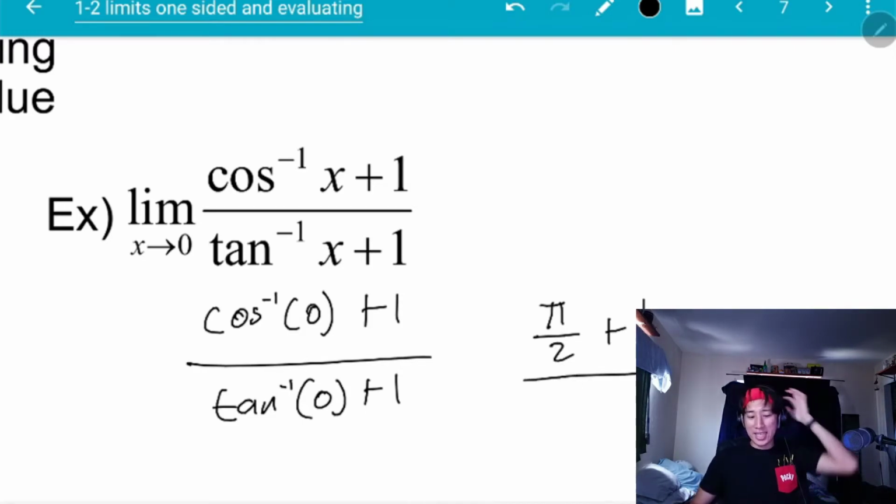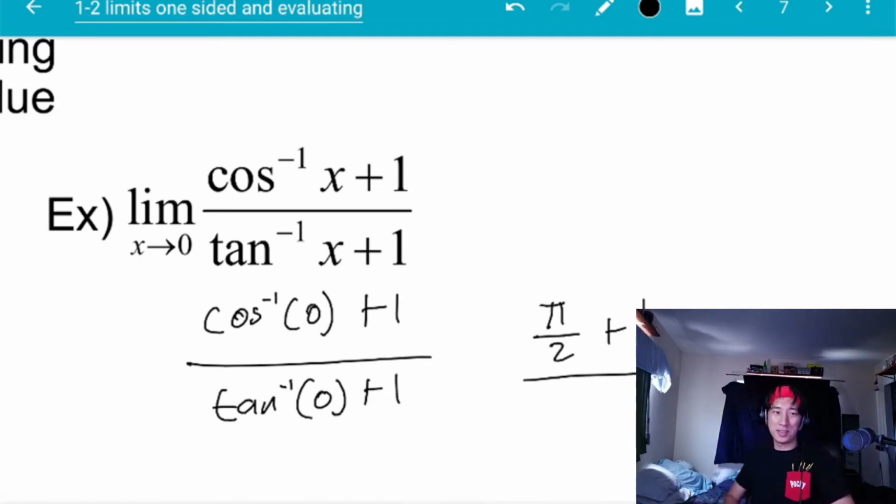Okay, now what angle gives you a tangent value of 0? Pi over 4 is 1. Okay, 0, 2 pi. Real quick, why is 2 pi not accepted? It's accepted, but it's not accepted. Why is it not accepted?